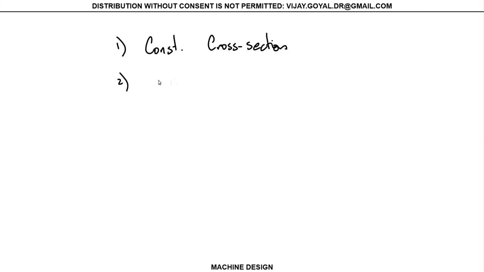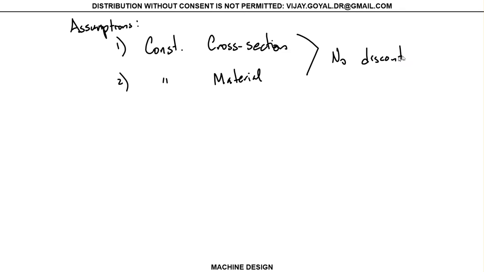These are assumptions, by the way. It's a constant cross-section, constant material, and the consequences of this are no additional section cuts, no discontinuities, so no additional section cuts.